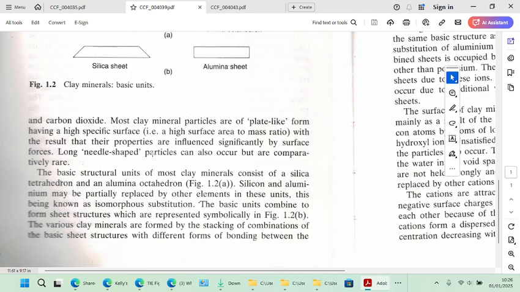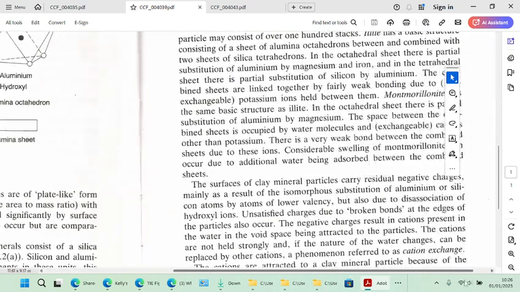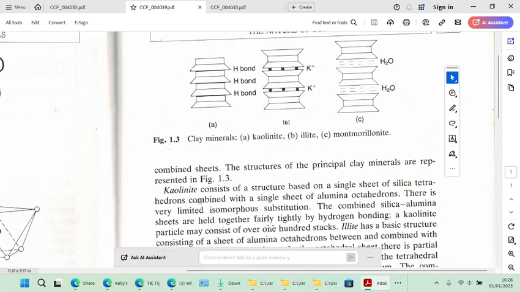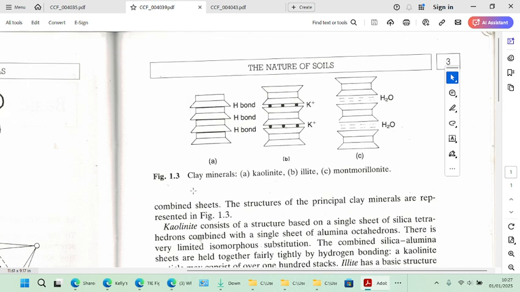The various clay minerals are formed by the stacking of combinations of the basic sheet structures with different forms of bonding between the combined sheets. The structures of the principal clay minerals are represented in figure 1.3.